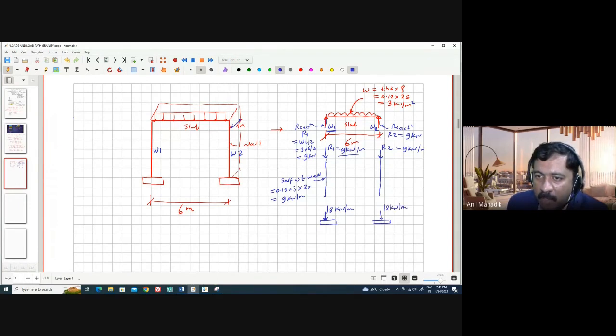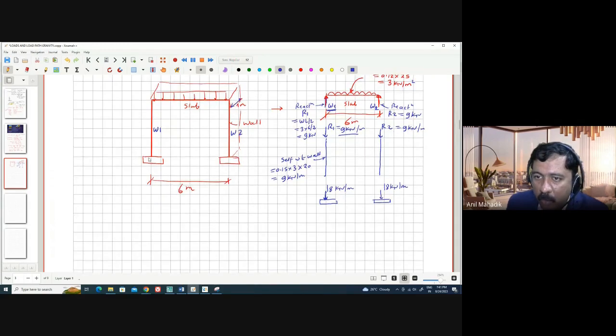And if I ask you to draw the loading diagram for the soil, suppose this is the soil. How much load will go on the soil? So this is the self weight of the footing. What will the self weight of the footing be? We are calculating per meter.